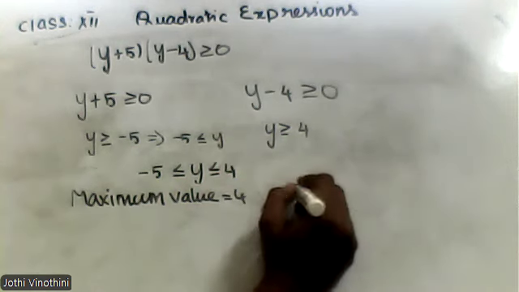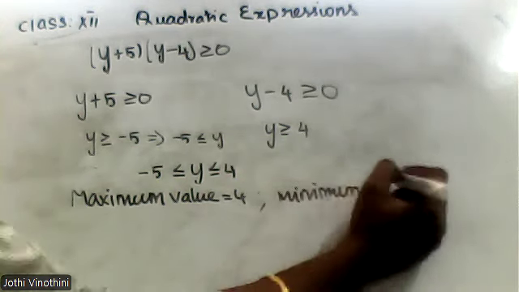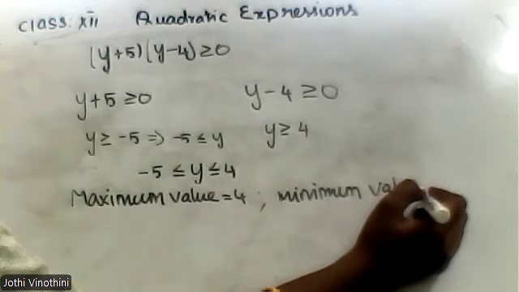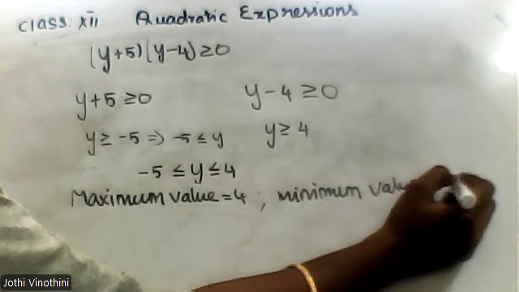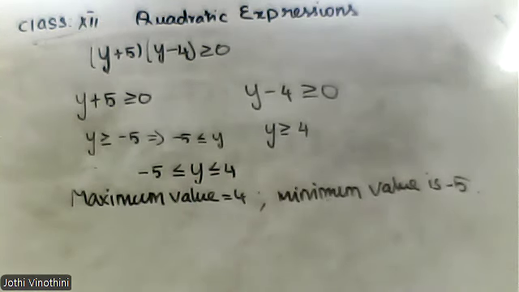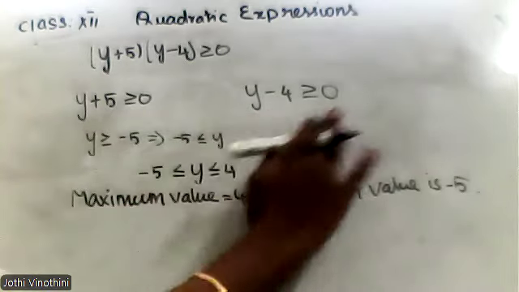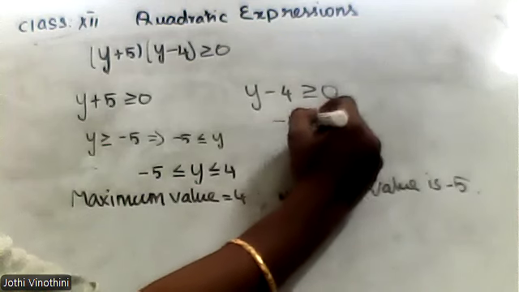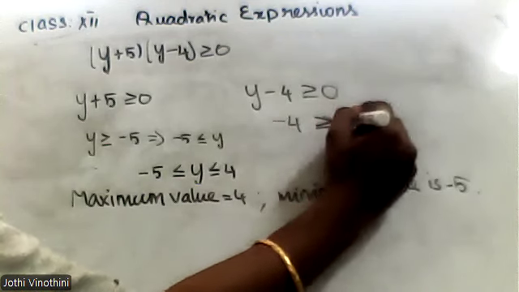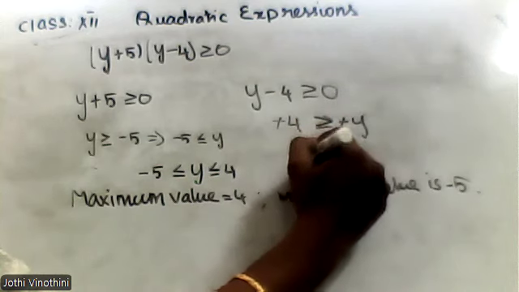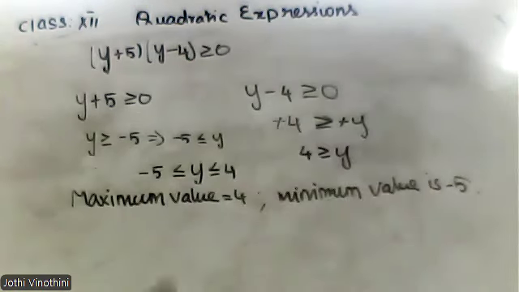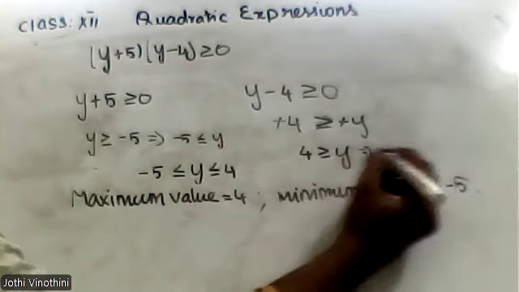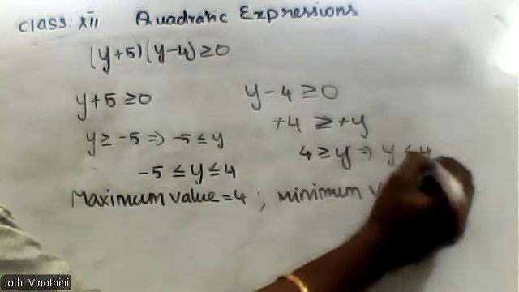What is the minimum value? Minus 5. So I hope you all are clear with this sum. To simplify this, we can take 5 here, so it will be cancelled. So you can clearly understand this: y greater than or equal to minus 5, and we can rewrite this as y less than or equal to 4.